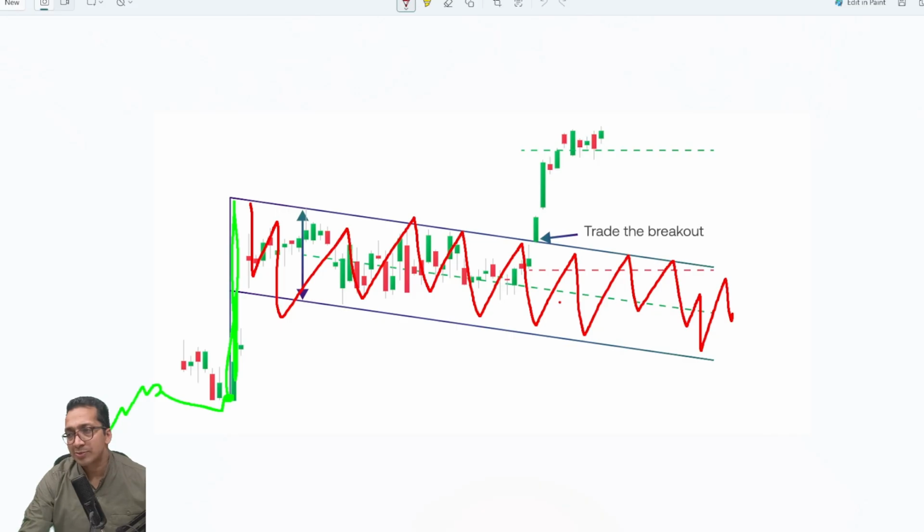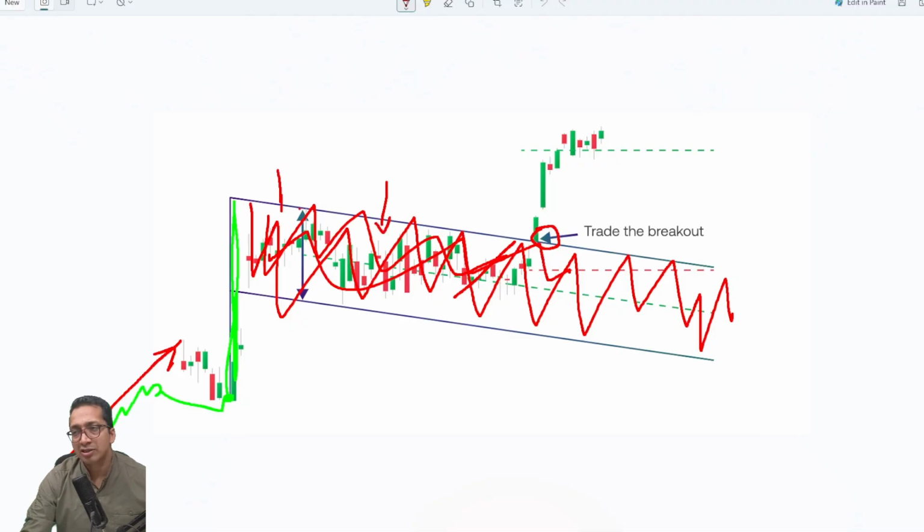Now this range has been created, and once this range is broken, on that side we are going to take the trade. Most likely this is a breather pattern, a breather from the previous trend which was going on. The previous trend was going on the upside, it takes a breather, there is lots of accumulation by the big investors here, and after that there is a breakout which we see. So that's how this pattern works.